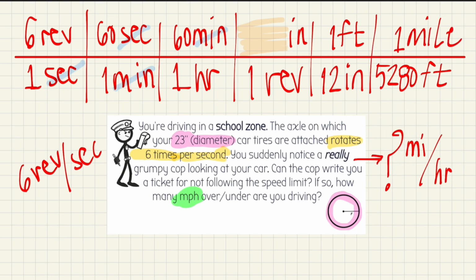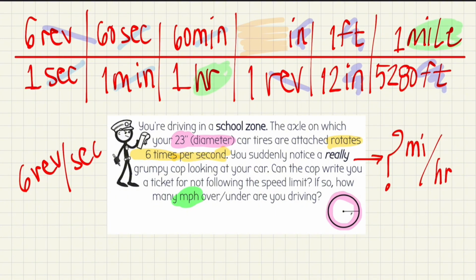So I've got everything I need. Revolutions will cross out with revolutions, inches will cross out with inches, and feet will cross out with feet. All we're going to have left is miles per hour.